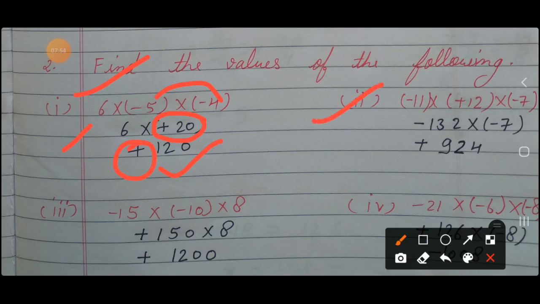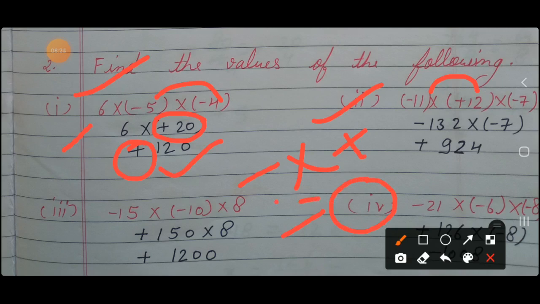In second part, minus 11 multiply by 12 multiply by minus 7. 12 with a positive sign. If you are multiplying a minus integer with a plus integer, then you will get a product in minus.